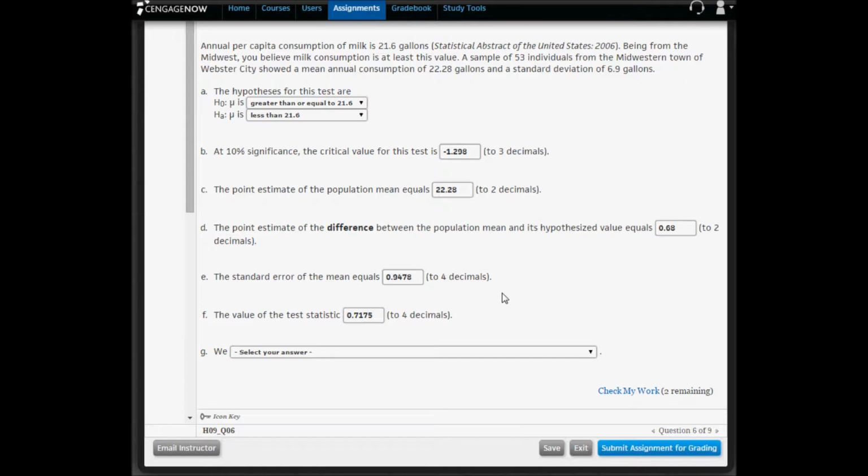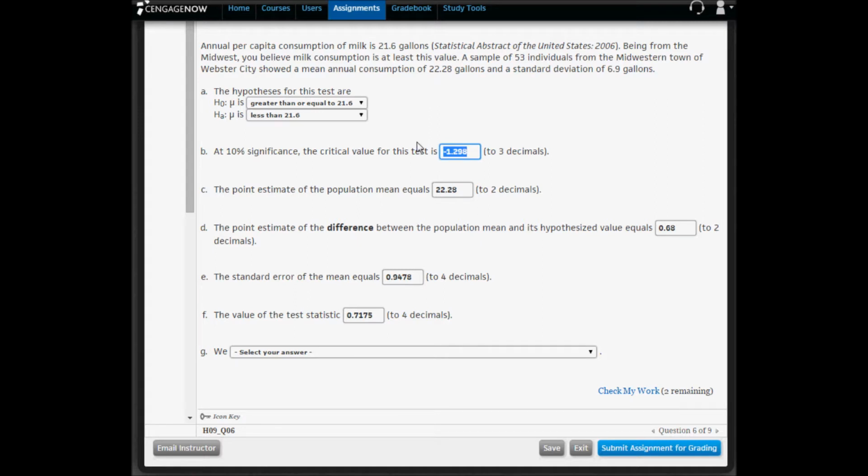To conclude in part G, we have to compare the value of the test statistic to the critical value. And since the alternative hypothesis is mu is less than 21.6, if we have evidence in support of the alternative, the test statistic is less than the critical value. That is not the case.